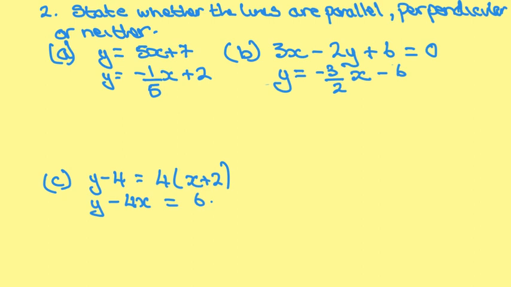Well, the gradient of the first line, m1, is equal to 5. The gradient of the second line, m2, is equal to minus 1/5. m1 times m2 is equal to minus 1, therefore perpendicular.